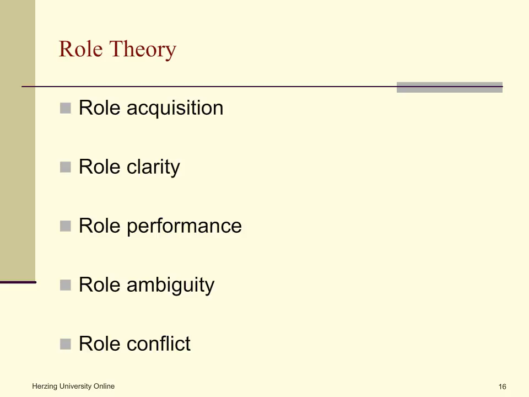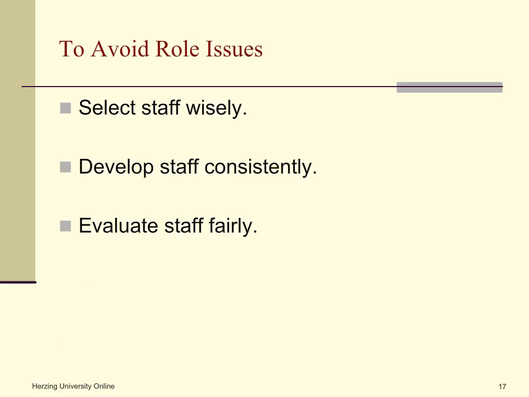All of these components of role theory are equally important for managers and followers. If anyone on the team is confused, the possibility exists that others may also become confused. To avoid role issues, select staff wisely, develop staff consistently, and evaluate staff fairly.